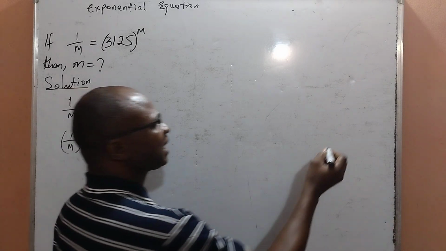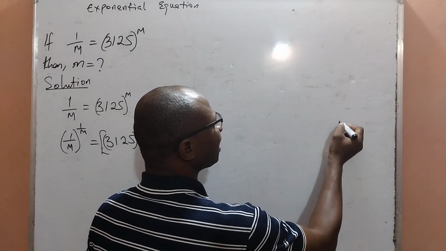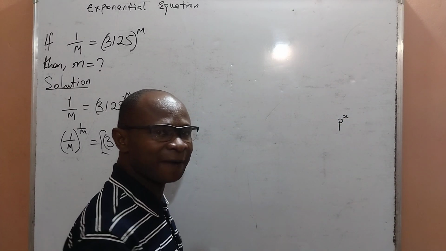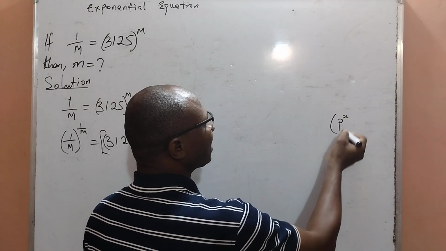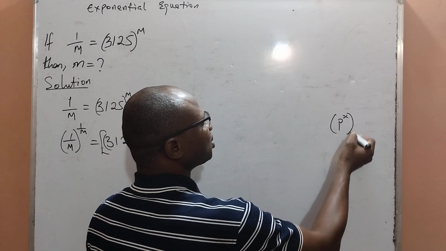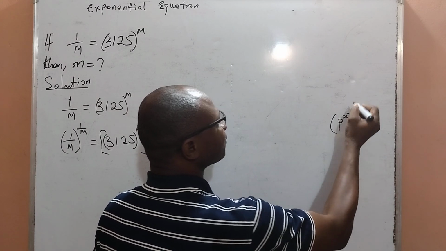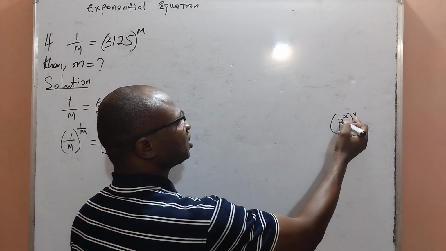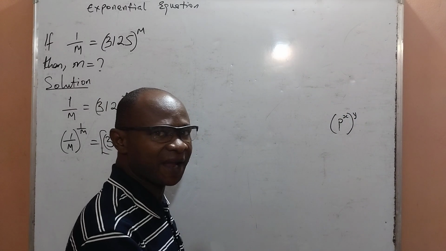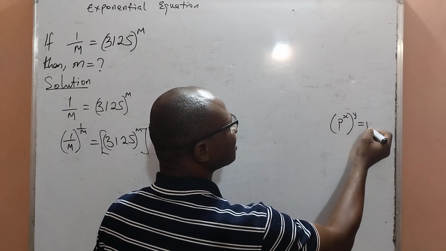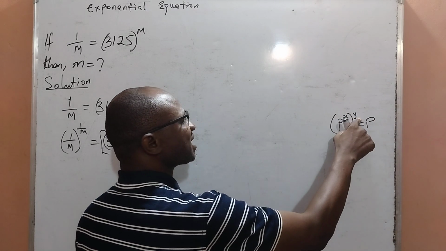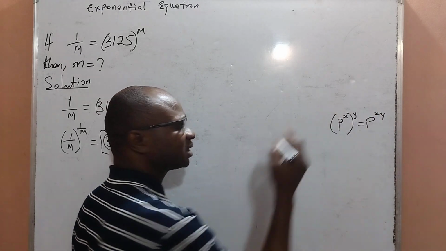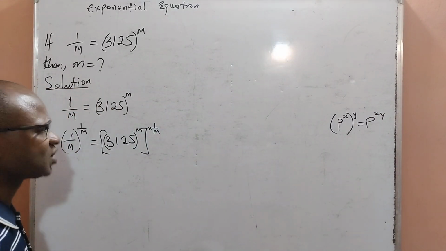Now, I can apply the law of indices that if p raised to power x is also raised to power y, then the powers will multiply to give p raised to power xy.